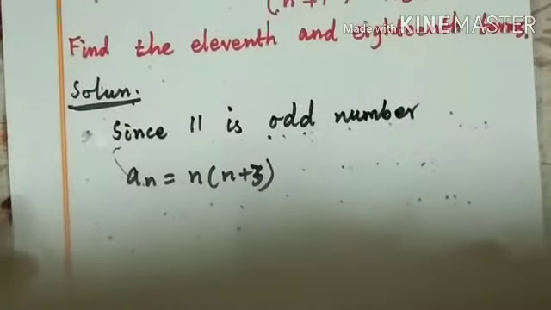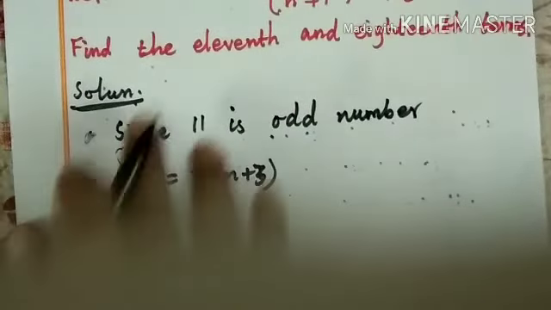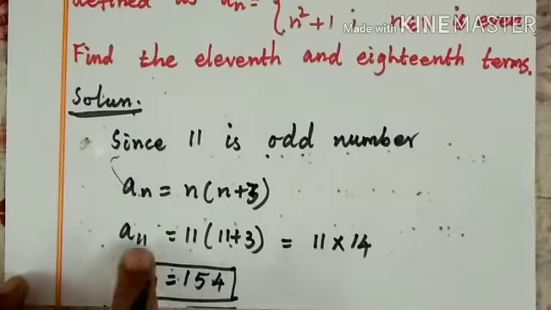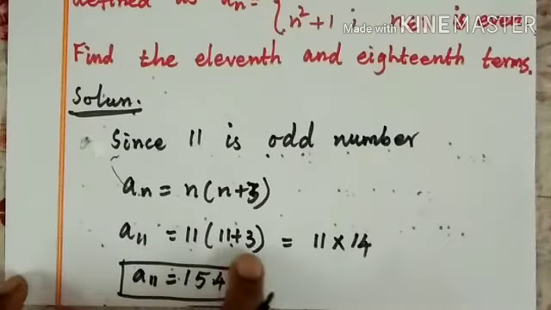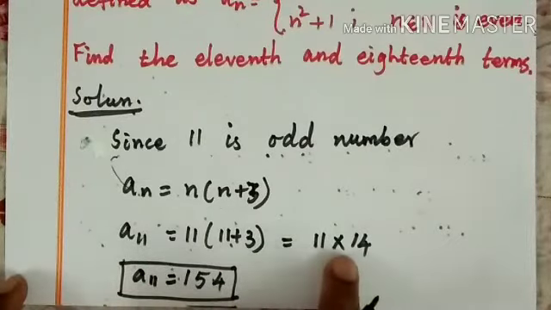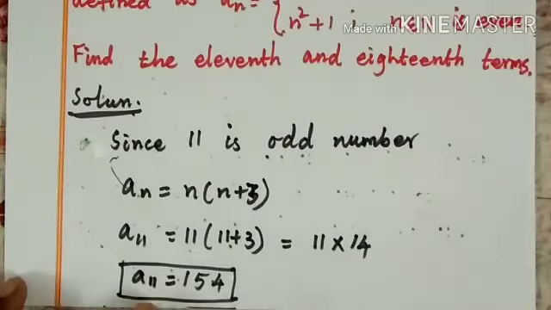Here in the question they given n is 11, so here we have to find A11 is equal to 11 into 11 plus 3 is equal to 11 into 14. Therefore, A11 is equal to 11 into 14 is 154. This is the answer for 11th term.